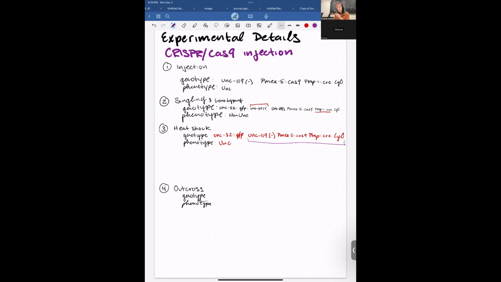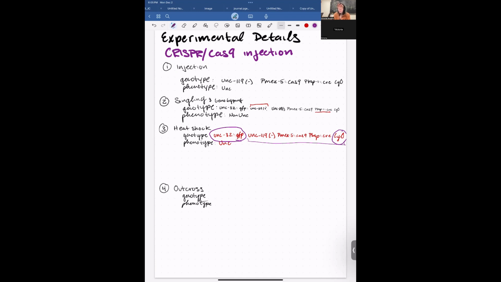We could do this likely by looking at the fluorescence of this orange fluorescent protein, where we want the worms to be not orange. We want them to lose this cassette. And then we'd likely genotype for UNC32 GFP, ensuring that we get homozygous animals for the insert.